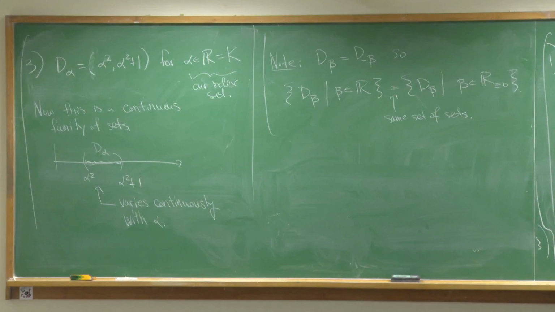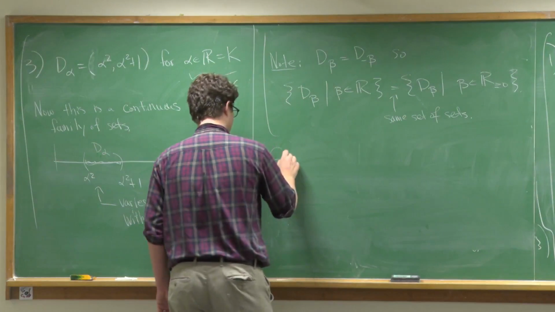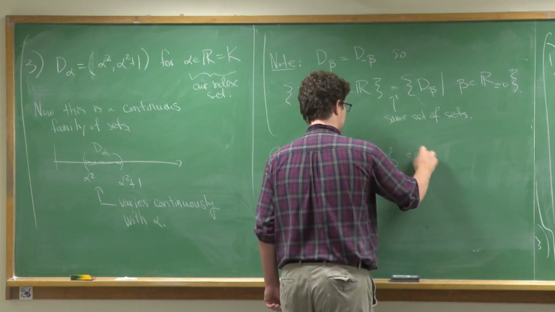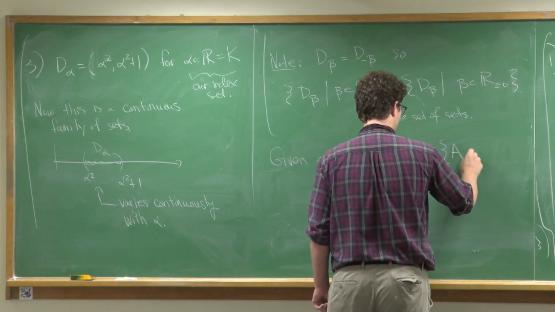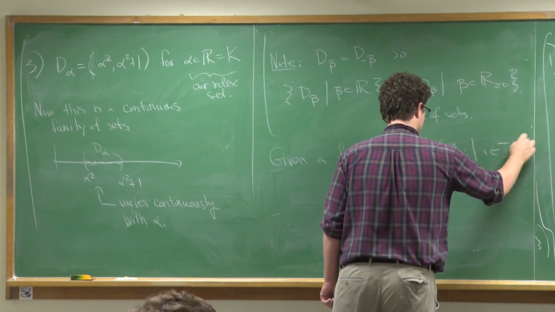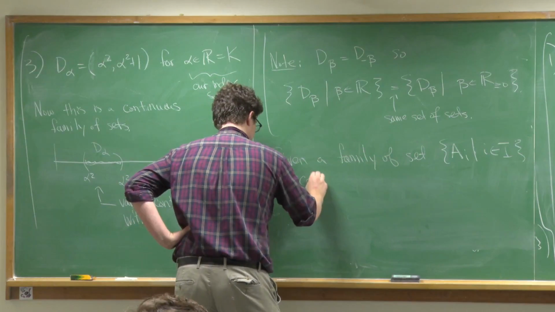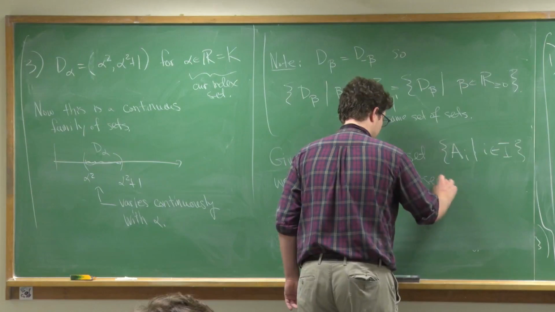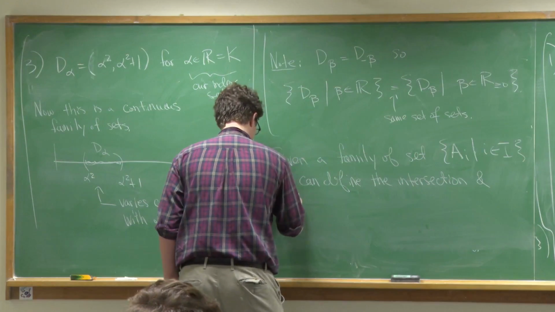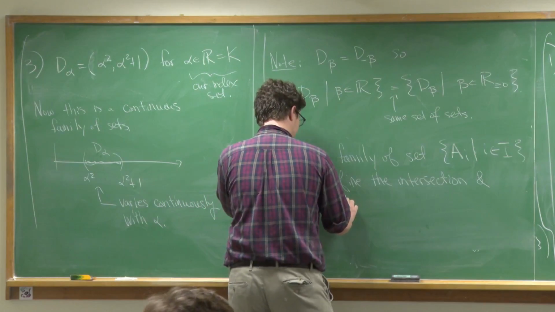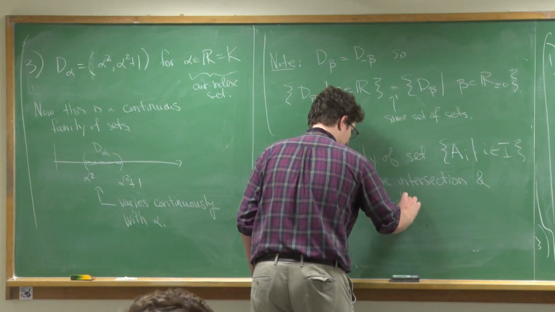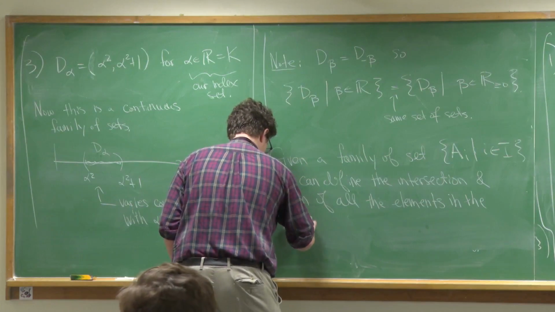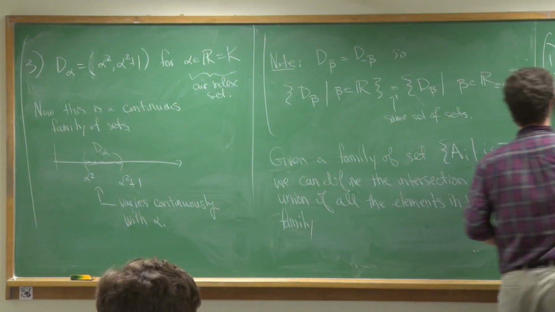Given a family of sets, this is just a set of sets, A_i, i in I, we can define the infinite intersection and union of all the elements in the family. So by all the elements of the family, I mean all the sets.